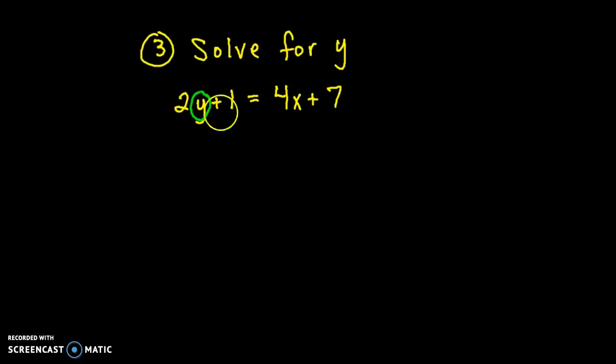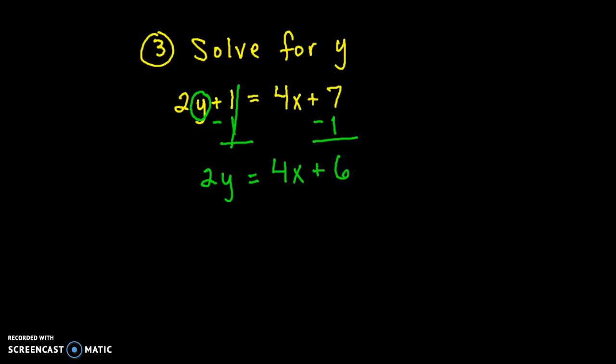In this case, the other term is a constant 1, so we're going to subtract 1 from the left, and then subtract 1 from the right side. Our 1's will cancel out, and we're left with 2y is equal to 4x plus 6, since 7 minus 1 is 6.